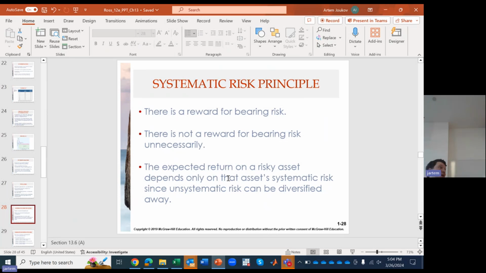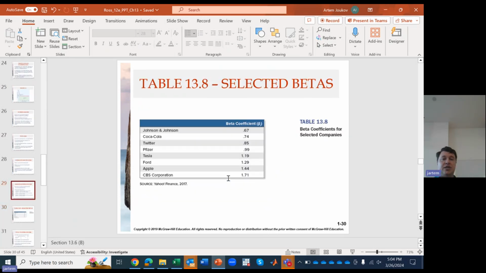Hey, that's your risk premium, guys. So there's not a reward for bearing unnecessary risk. If you're just a risk taker, nobody's going to pay you just to take risks. But the necessary risk, yes, people will pay you for that. Okay. So since unsystematic risk can be diversified away, the risk premium is going to depend on the systematic risk.